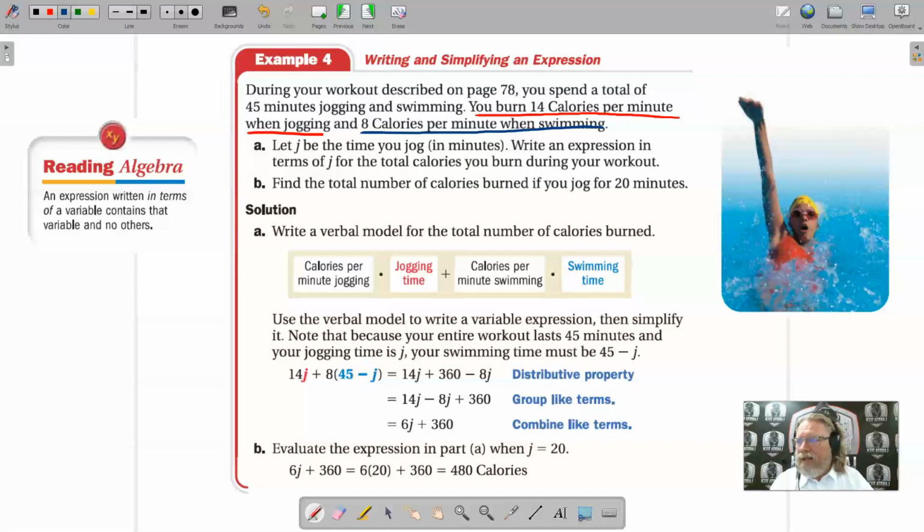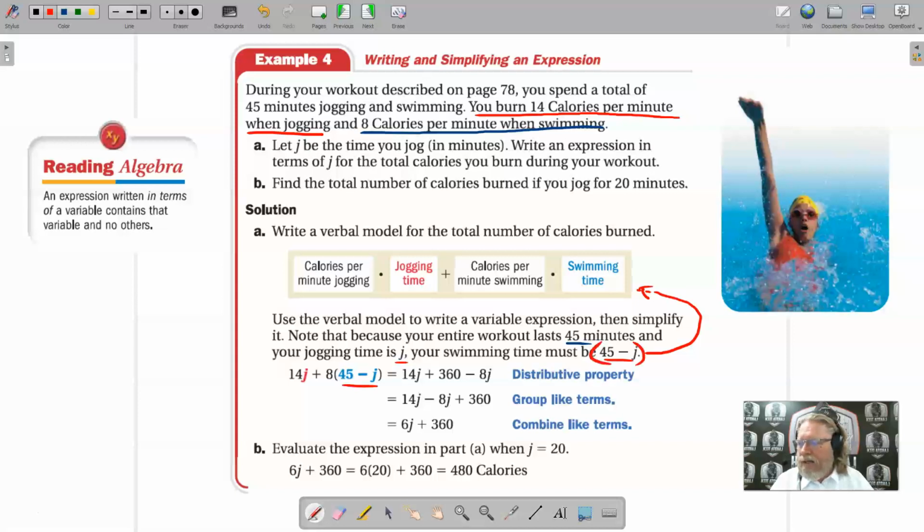Note that because your entire workout lasts 45 minutes, and your jogging time is J, your swimming time must be equal to 45 minus J. That is 45 minutes minus the time you spent jogging would be the amount of time that you were swimming. So that's where this 45 minus J comes from, right here. This is your swimming time.